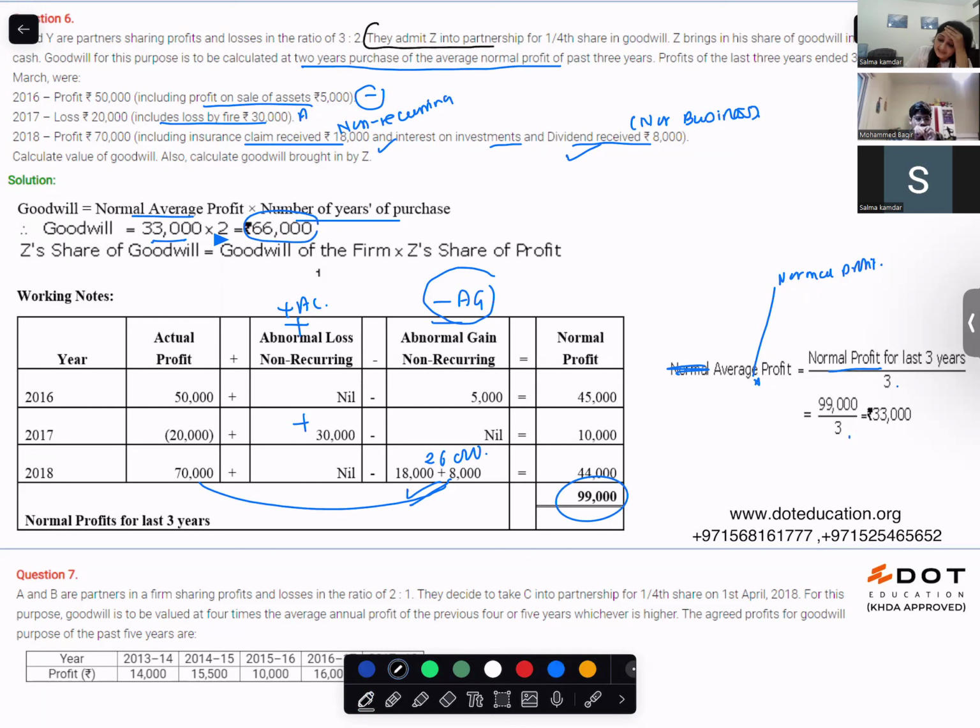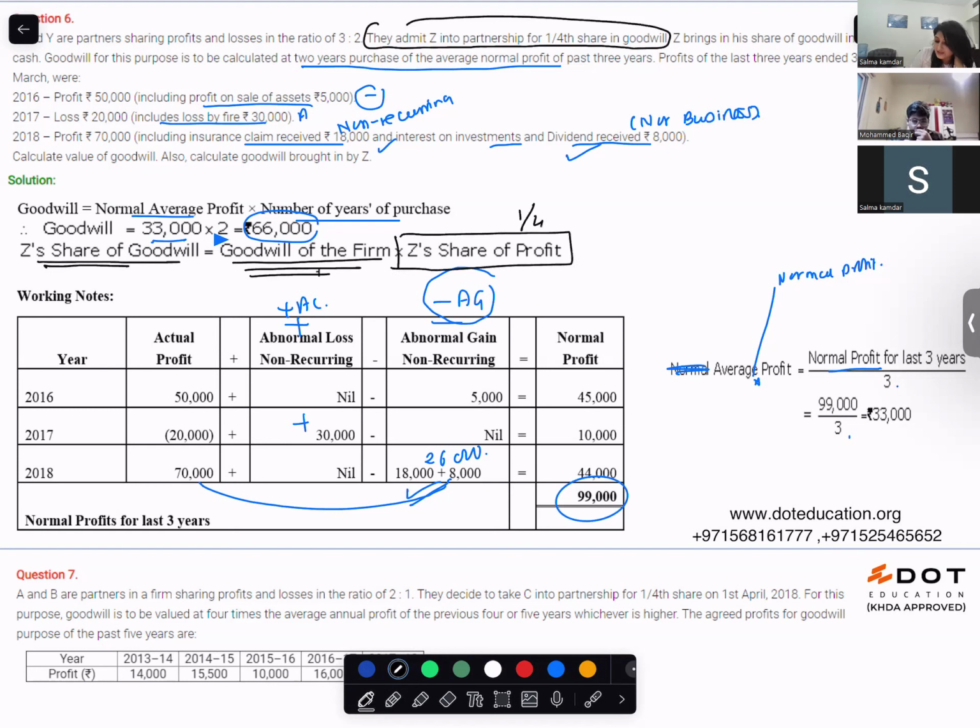And look over here. They are admitting Z into the partnership for 1/4 share in goodwill. So what do I want to find? I want to find Z's share of goodwill. Z's share of goodwill would be the goodwill of the firm into Z's share of profits. Z's share of profit is 1/4. Goodwill of the firm is 66,000 into 1/4.